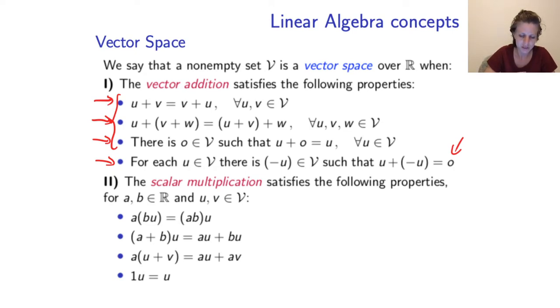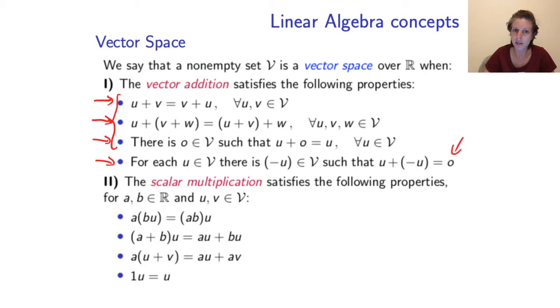Another property of a vector space is the scalar multiplication. This is an operation between a scalar, which is a number, and a vector. A scalar is just a real number, or it could be a complex number, but we are talking here about a vector space over the real set.